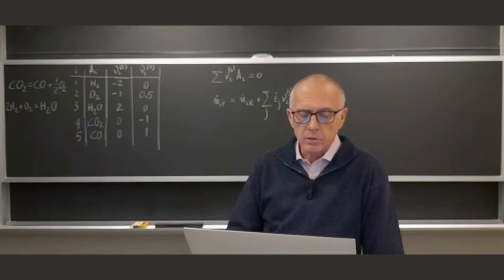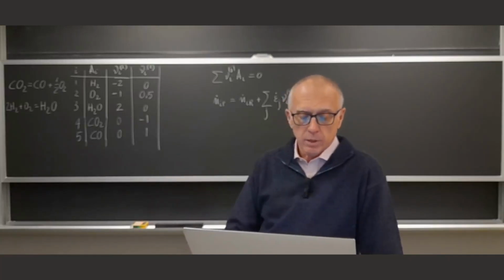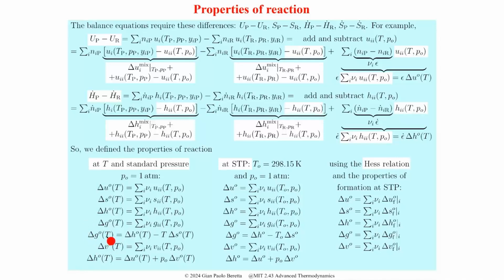Since the Gibbs free energy can be written as H minus TS, the Gibbs free energy of reaction is equal to the enthalpy of reaction minus T times the entropy of reaction. Or since the enthalpy is equal to energy plus PV, U plus PV, there is also a relation between the enthalpy of reaction, the energy of reaction, and the volume of reaction.